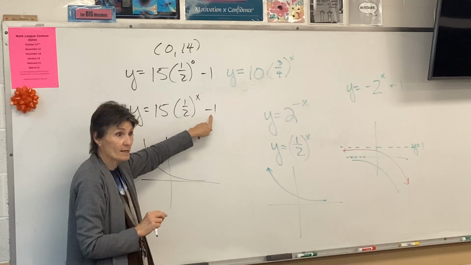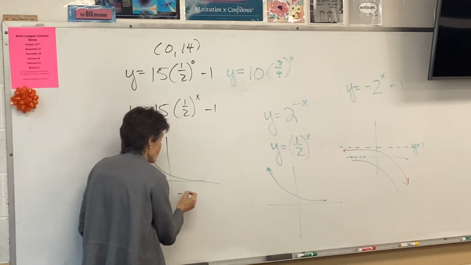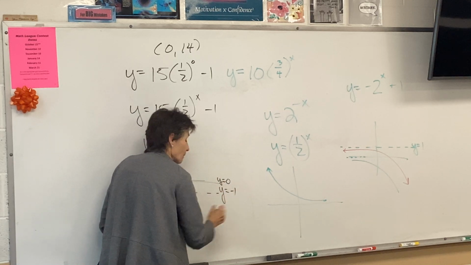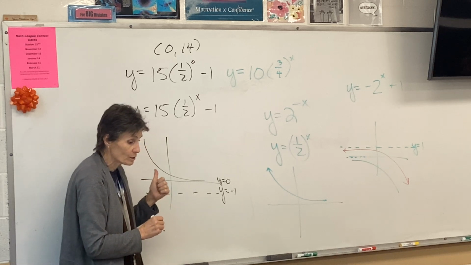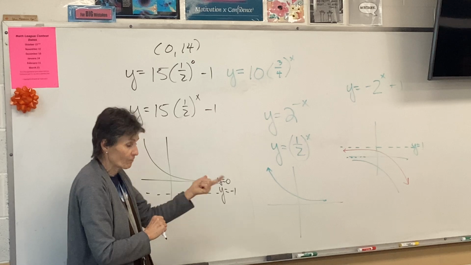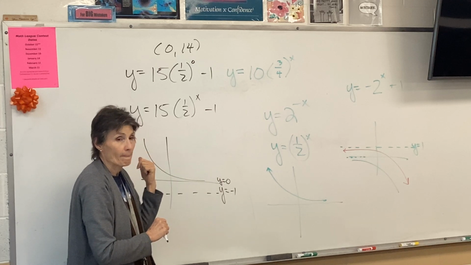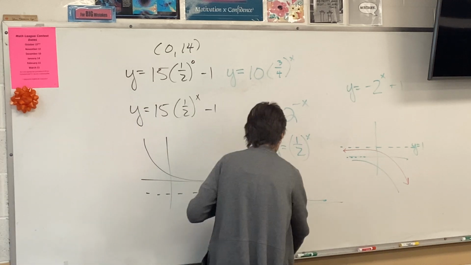That, however, does. So what does that do? Drops it down. So now the asymptote that used to be at 0 is now at -1. So your horizontal asymptote for the first one is y equals -1. It is easy. All right, let's look at the next one.